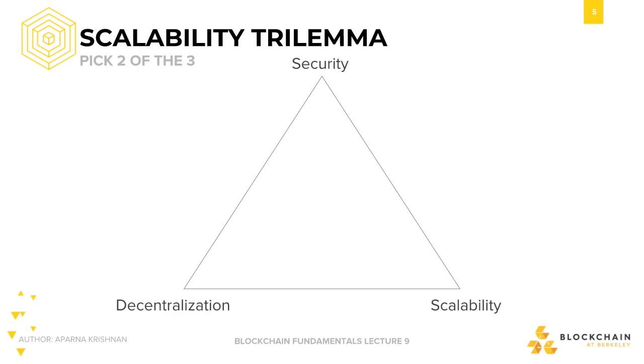Okay, so there's something called the scalability trilemma that we like to talk about in the blockchain space. Decentralization is defined as the system being able to run in a scenario where each participant only has access to some C amount of resources, as in they have a regular laptop or a small VPS.